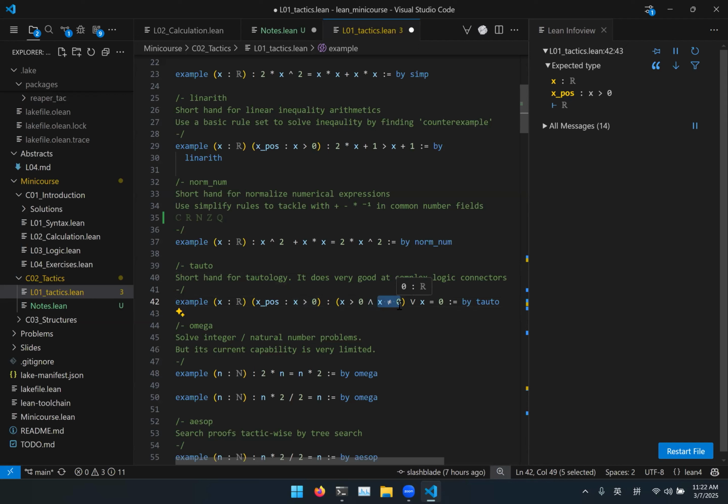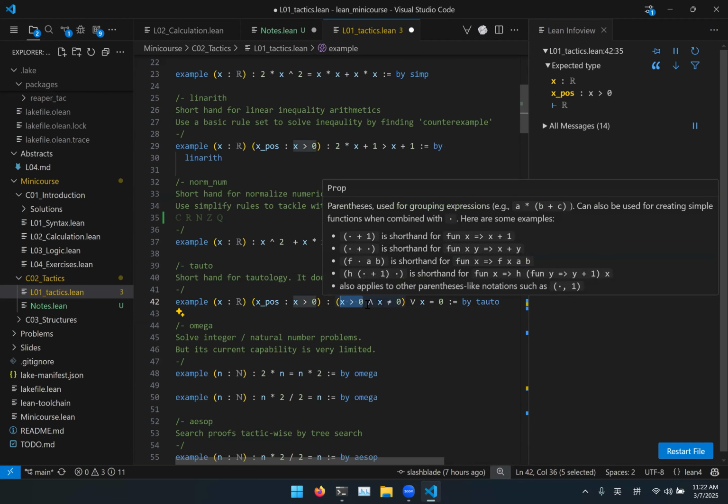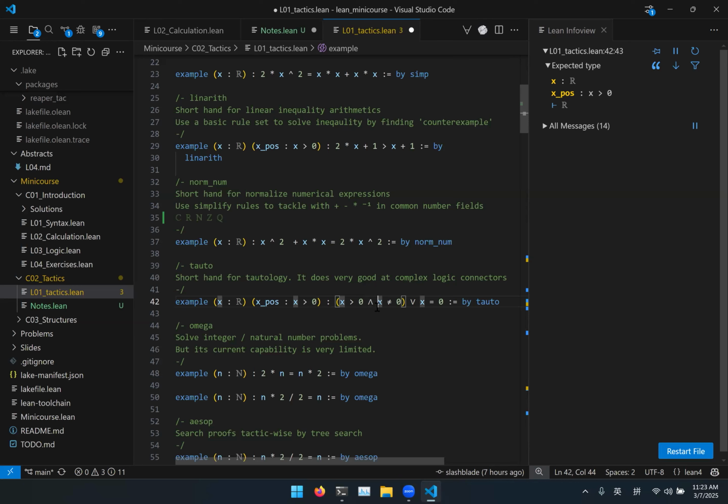This is exactly the tautology definition in mathematical logic. So if you are convinced that each of your propositions is true, and in its trivial case, you can use tauto to do this. Let me use another example.